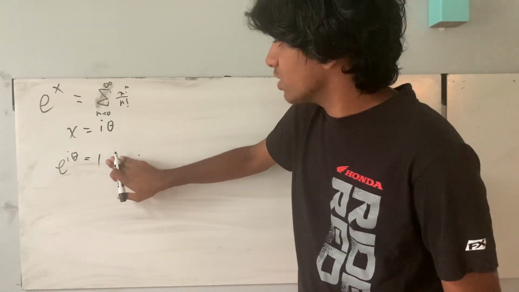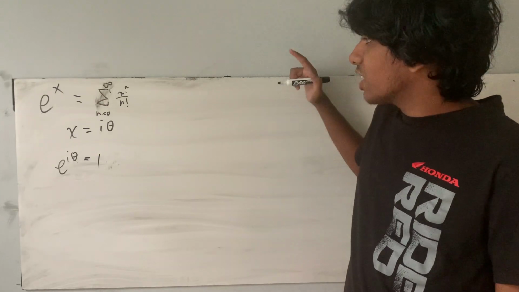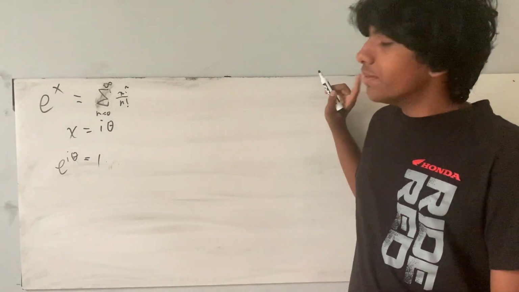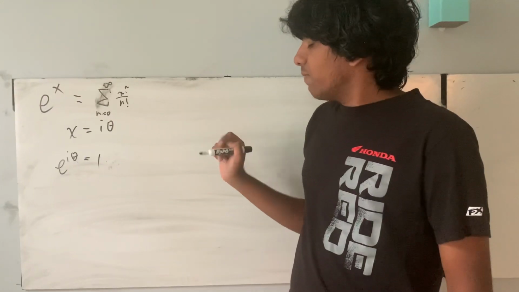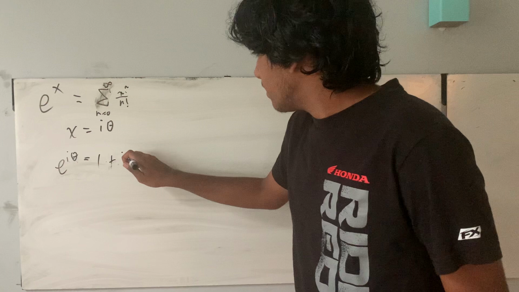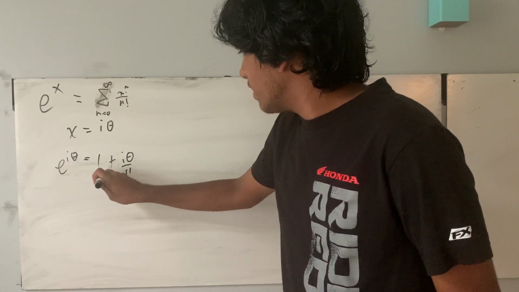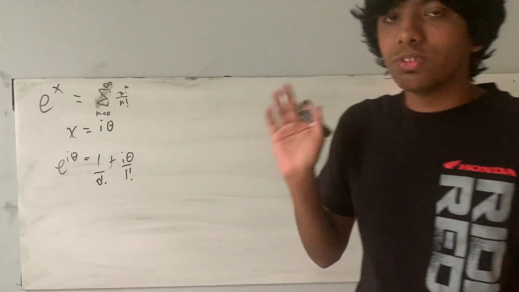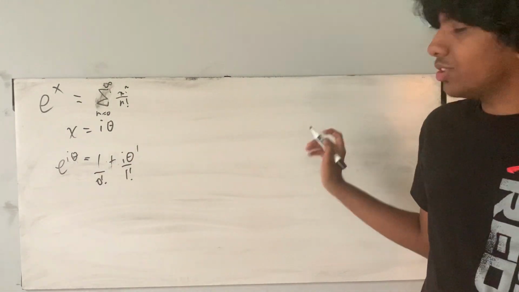I'm going to write down the 1 factorial, then write down 0 factorial, so we have some sort of consistency so we don't get confused.